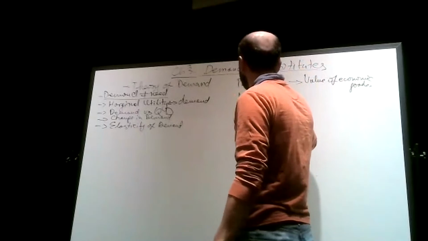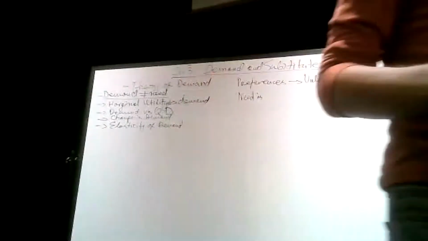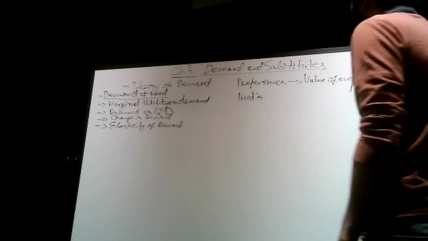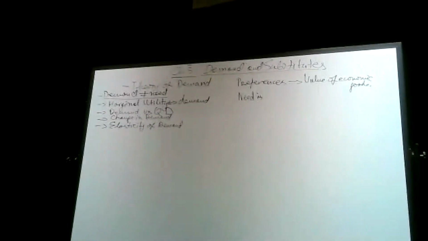Need is an abstract category. Say, I need a glass of water now, or I need a Ferrari, I need this or I need that. But that's not an economic category. Need is not an economic category. Why? Because whatever we want to achieve, we always have to balance it against other conflicting goals that we have.